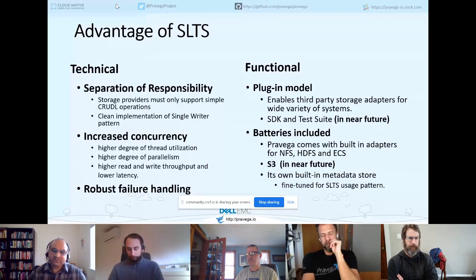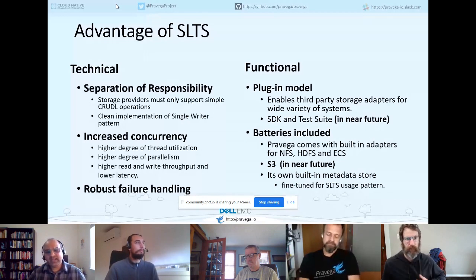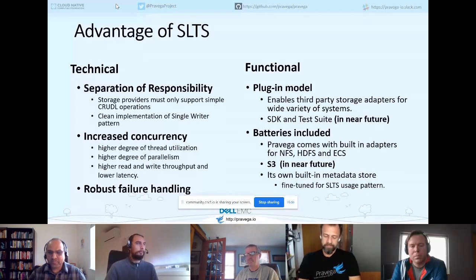But one of the things is the batteries are included. Pravega does come with built-in adapters for NFS, HDFS, ECS, which has extended S3 storage. And in the near future, we will have an S3 adapter for Pravega.